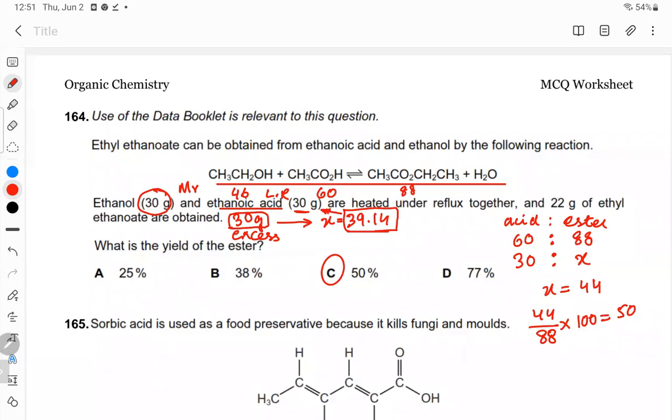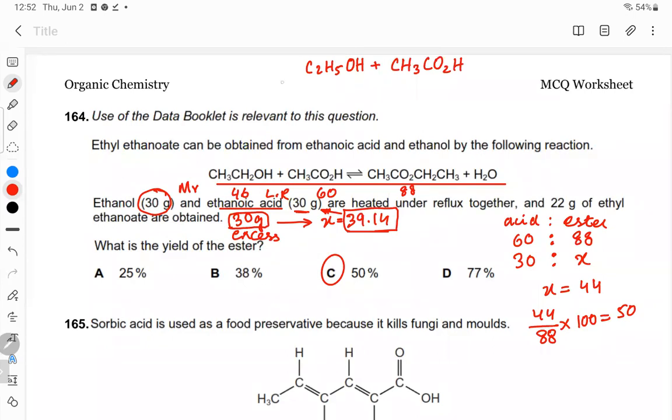Okay, see. According to the equation, the mole ratio of both the reactants is 1:1. Is this understandable to everyone? The mole ratio of both the reactants is 1:1.